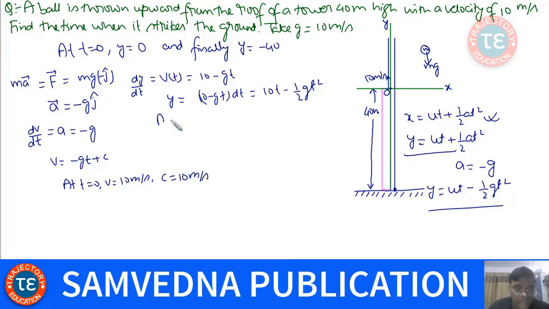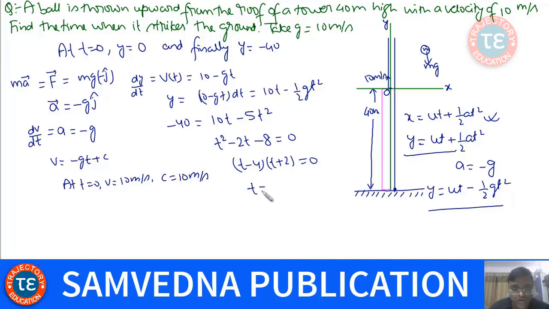So we want to find time t at which your y is minus 40. So put here minus 40. This is 10t, and g is 10, so this will be 5t square. So this will give you t square minus 2t minus 8, or t minus 4, or t is 4 seconds.